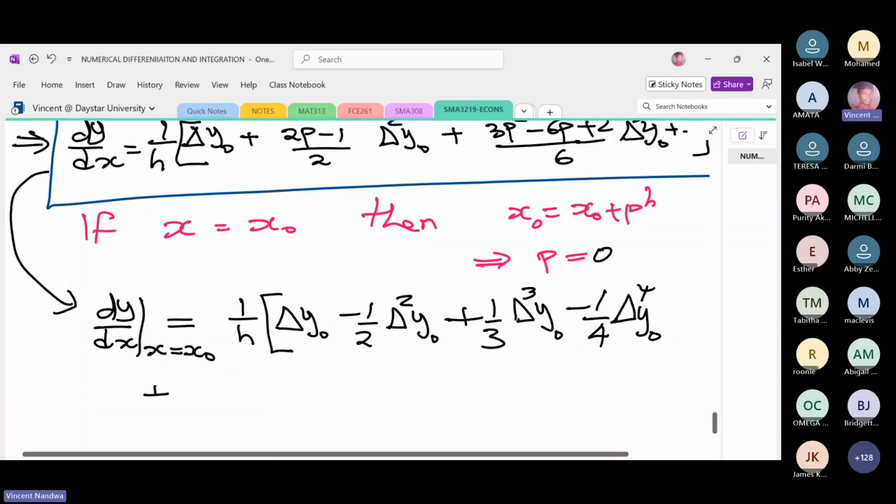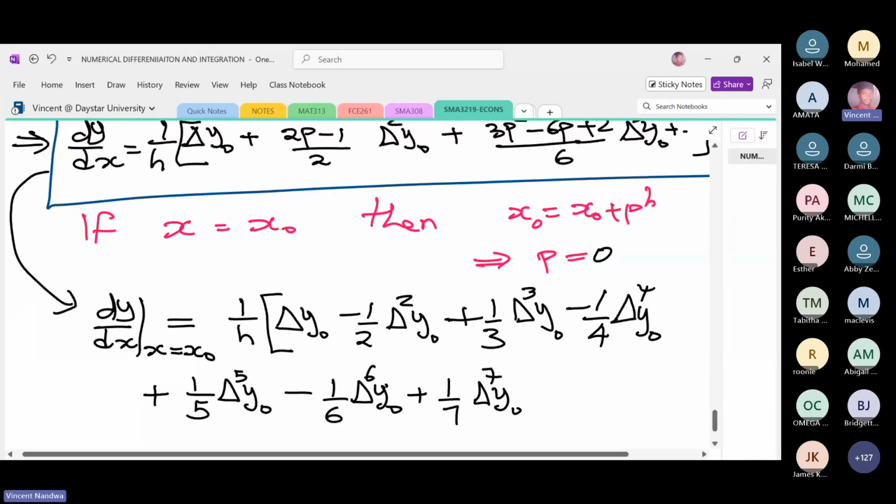Next term will be plus 1 over 5, the fifth forward of y naught. Next term will be minus 1 over 6, the sixth forward of y naught. Next term will be 1 over 7, seventh forward of y naught, minus 1 over 8, eighth forward of y naught, plus other several terms.